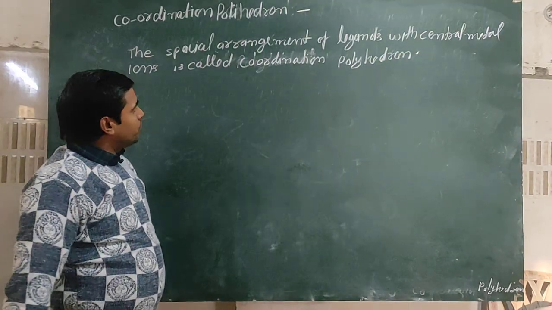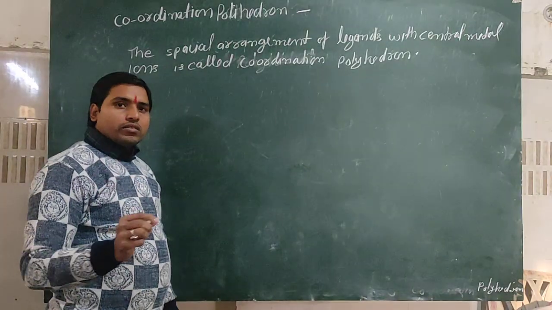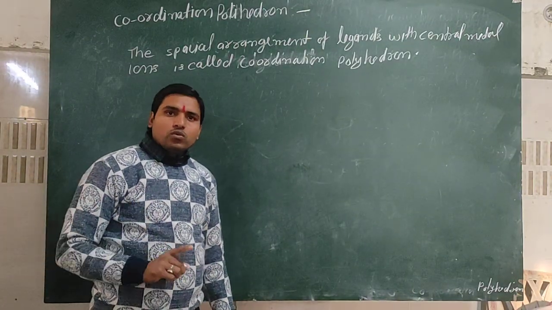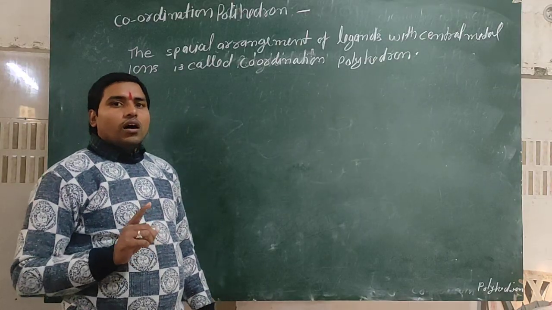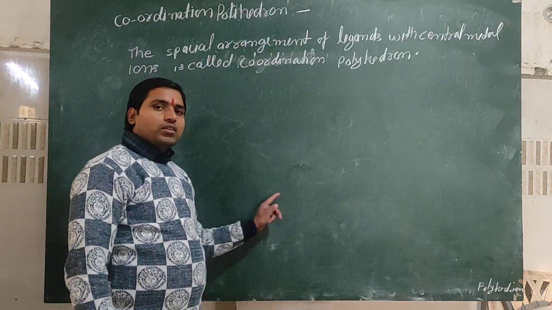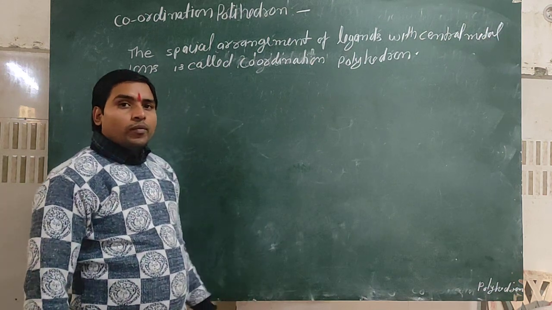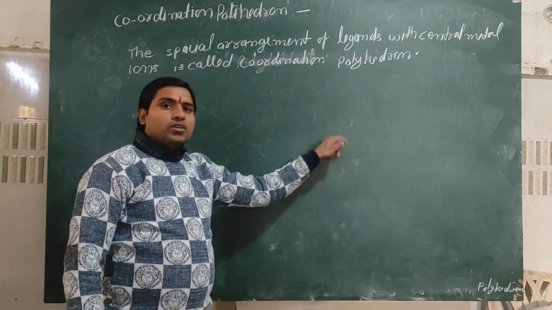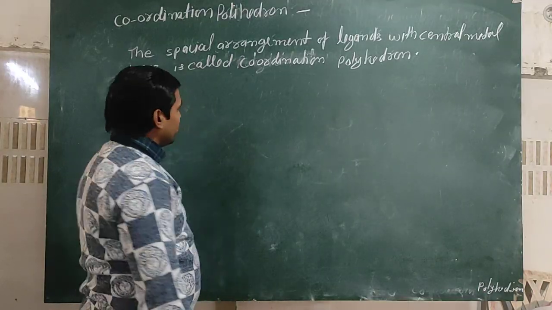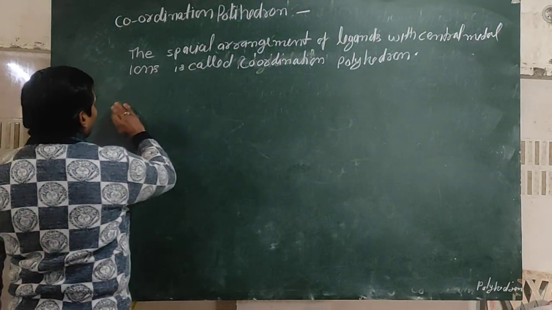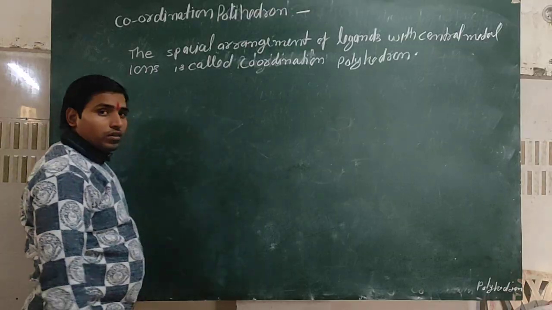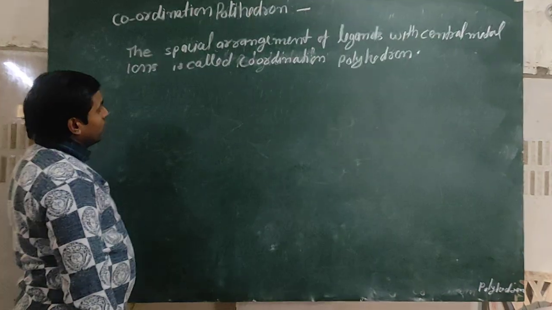It means that when ligands attach with central metal atom, then it shows a spatial arrangement with central metal atom, by which we can easily calculate the type of structure of any coordination compound or complex compound. On the basis of coordination number, we can easily calculate the structure.